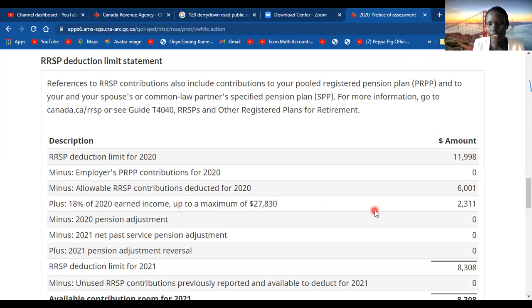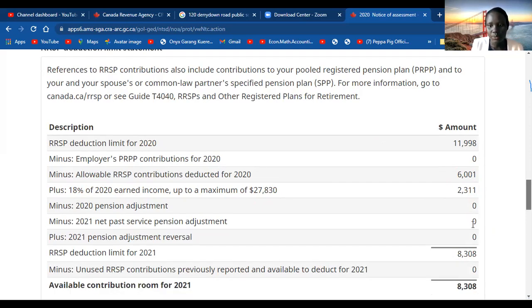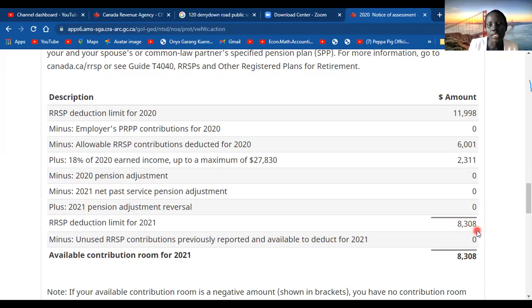If you calculate that, it will give you 2,311. So this year, 2020, my contribution room for RRSP would be $8,308. This is the amount that I have to contribute to my RRSP.